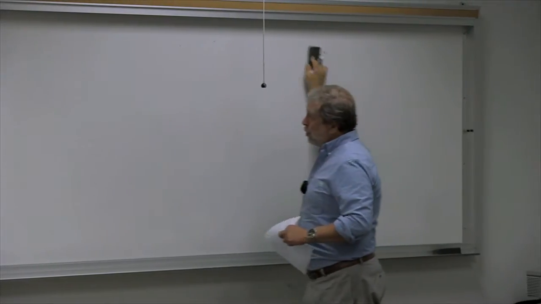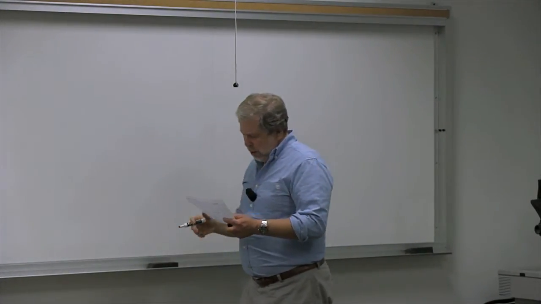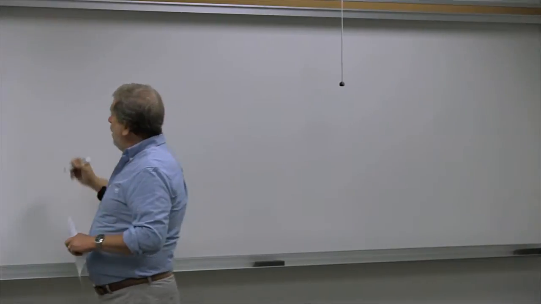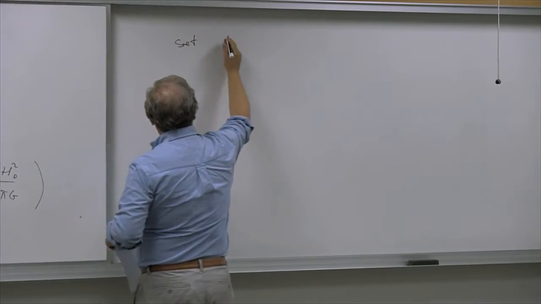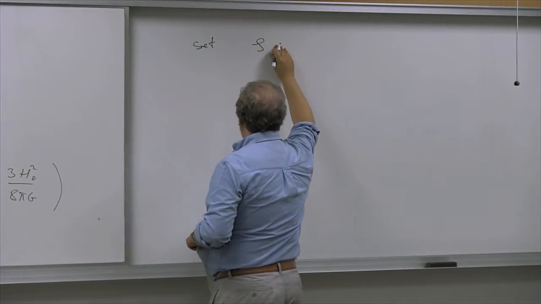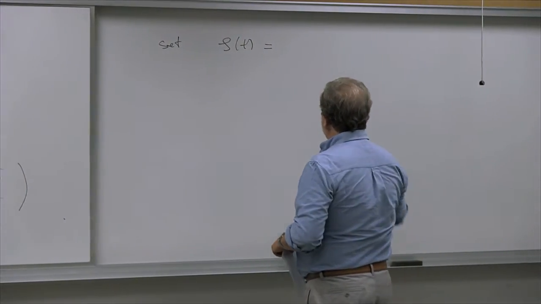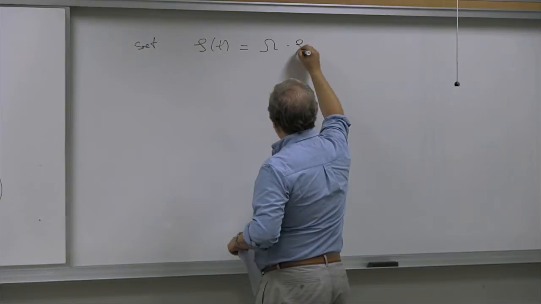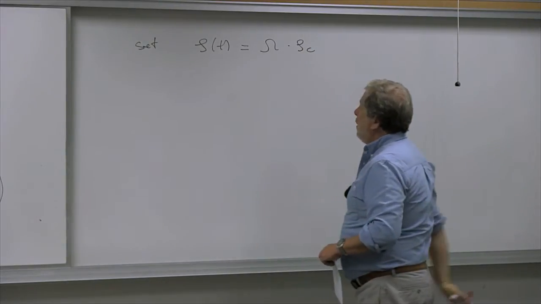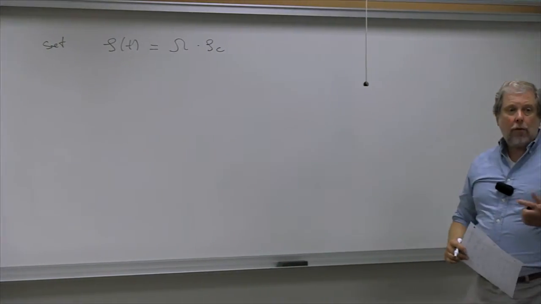And of course, one knows G, the value of G, very well. And so it is useful to set rho, which is a function of t, as some omega times this critical density. And that omega is a number of order 1.